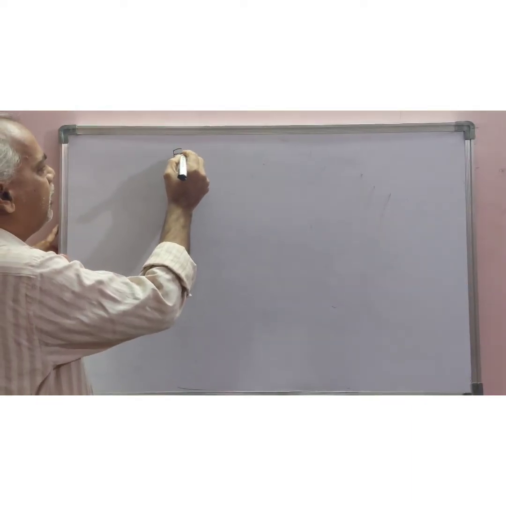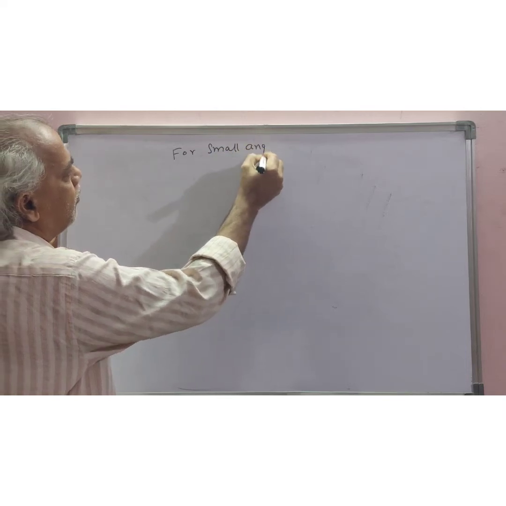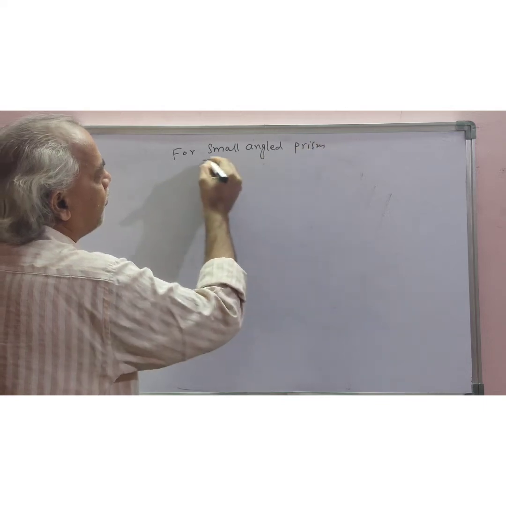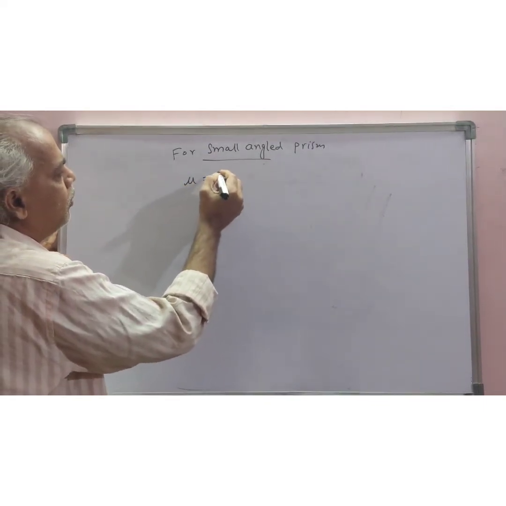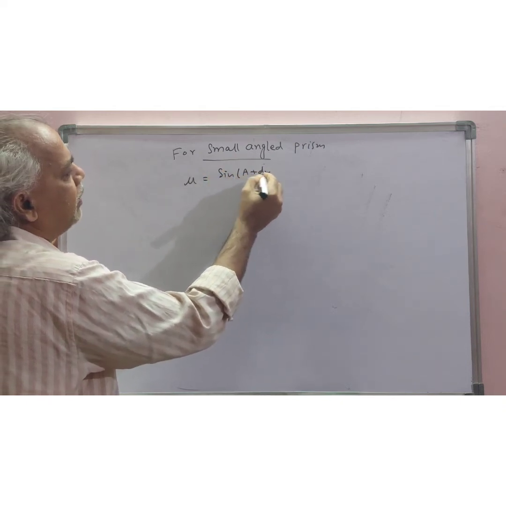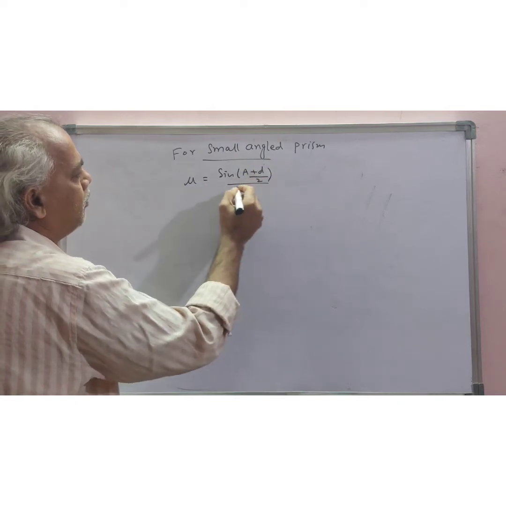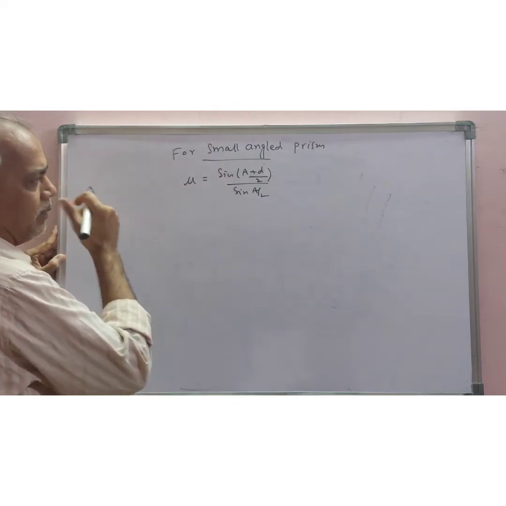Okay, for a small angled prism, the refractive index μ is equal to sin((A plus δm)/2) by sin(A/2).